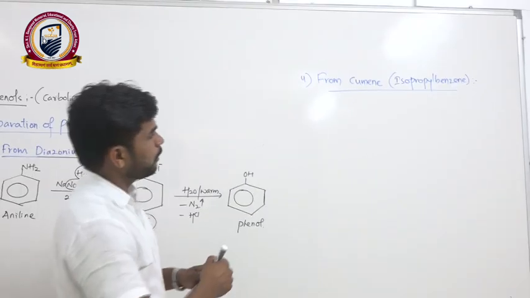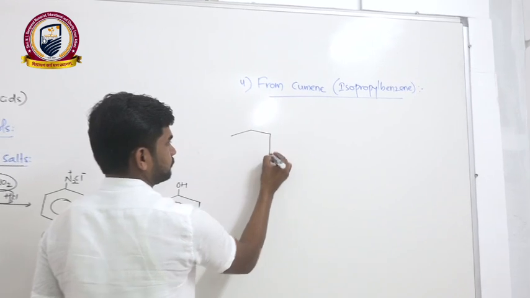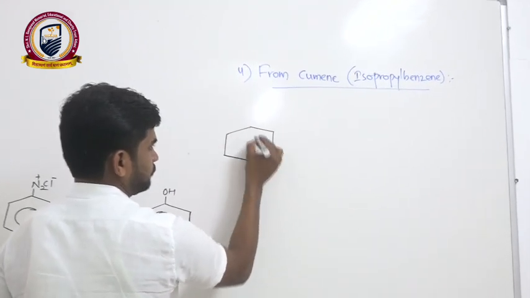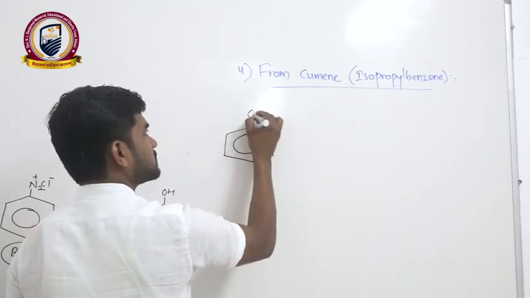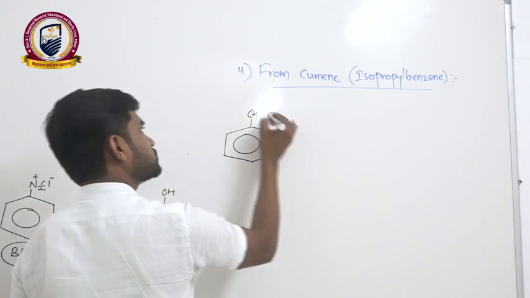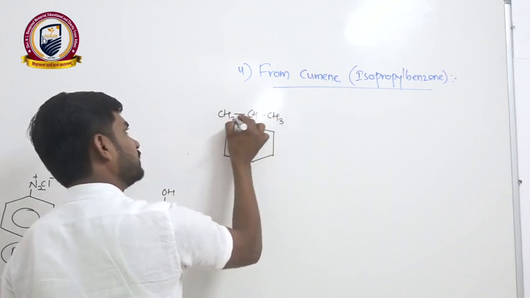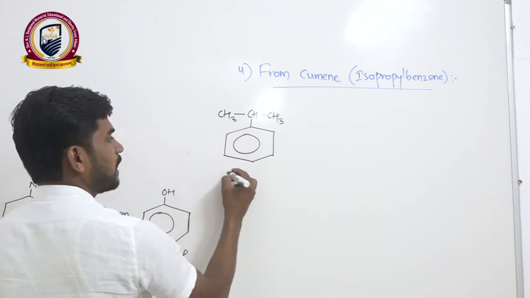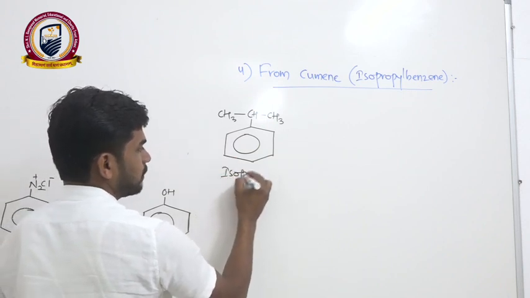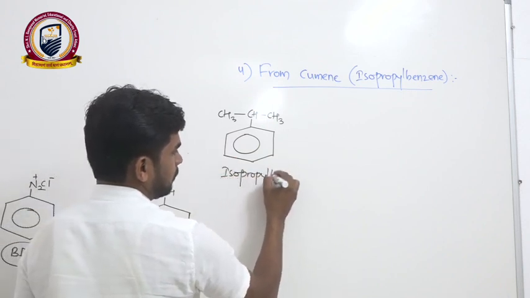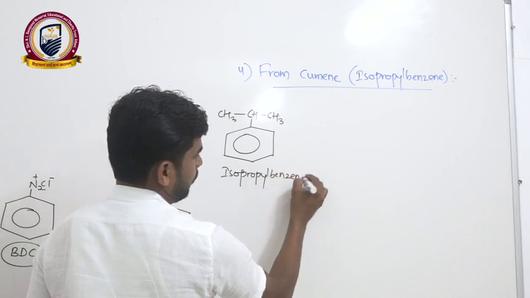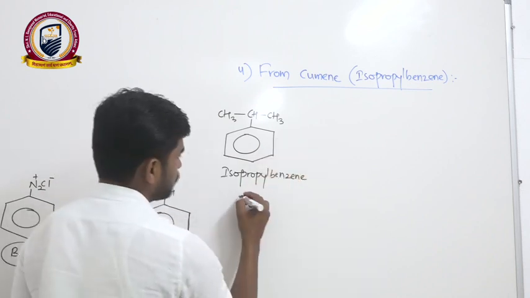So isopropyl benzene, with CH3 and CH3 on the carbon attached to the benzene ring. This compound is called isopropyl benzene, or we can also call it cumene.